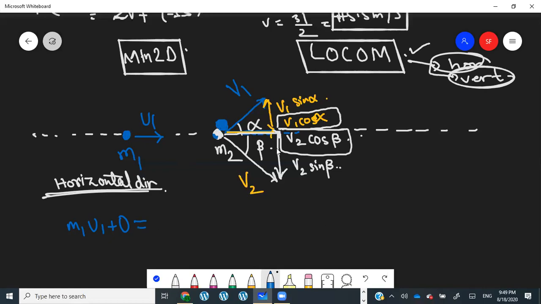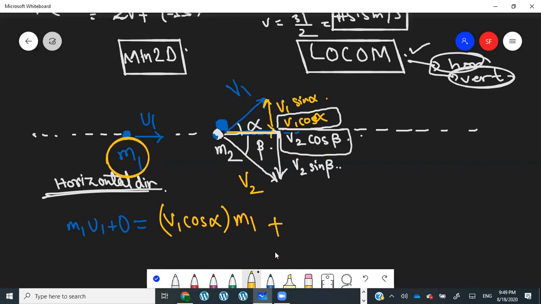Then what's the final momentum in the horizontal direction for these two bodies? For the blue one, v1 cos of alpha is its horizontal component of velocity, so it's v1 cos of alpha multiplied by the mass of this blue body, m1.